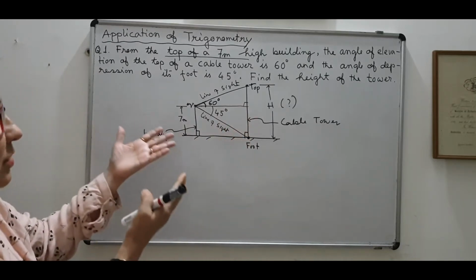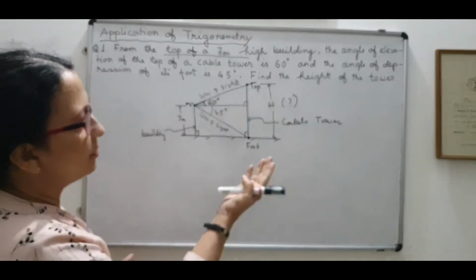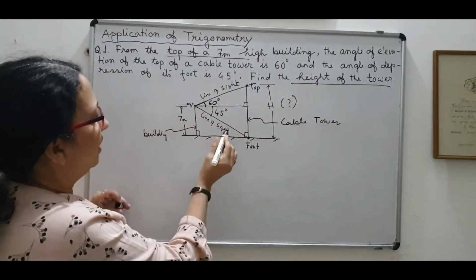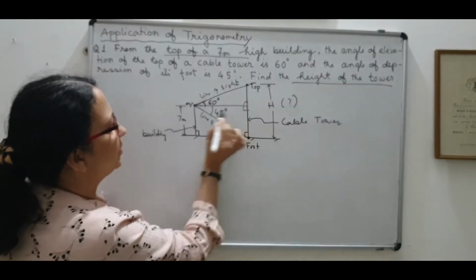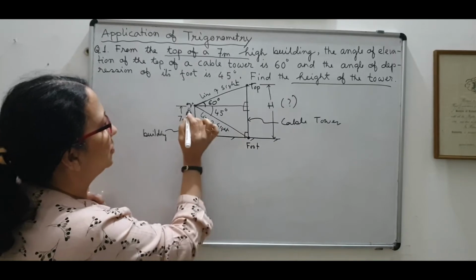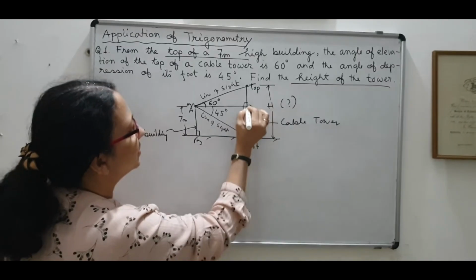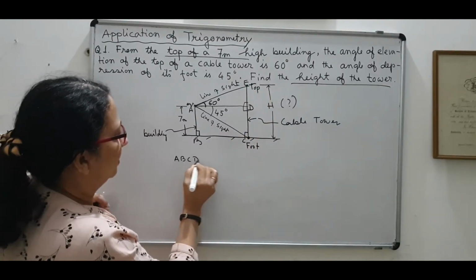Now when you can draw the diagram correctly, the rest of the part, your job is very easy. You have to find the height of the tower. That is very easy, you know. Now you see, this is 90, 90, this is also 90. Obviously this is a rectangle. So if I give names, say A, B, C, D, and say this is E, then ABCD is a rectangle.